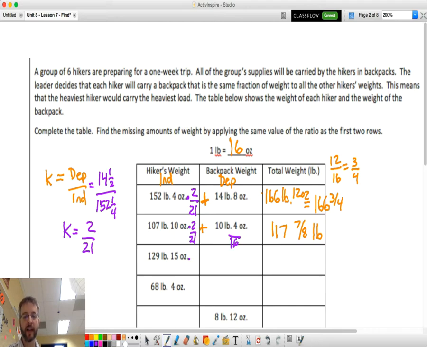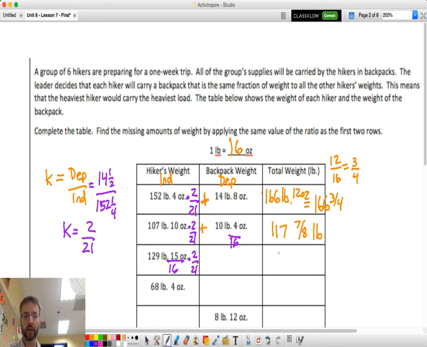So let's use this K value to figure out the rest of the table. If I do 129 and 15 ounces, remember that this is a fraction, 15 out of 16, so we can keep it in terms of pounds. Let's plug that in: 129 and 15/16 times 2/21.